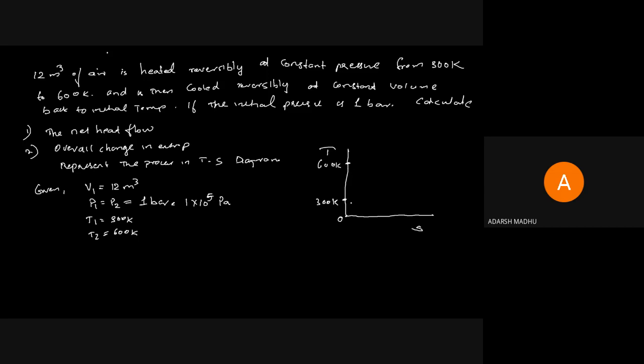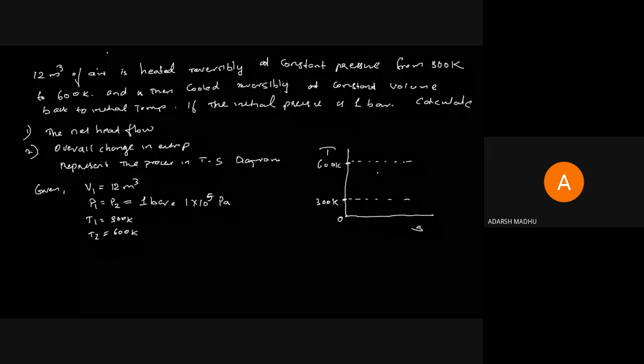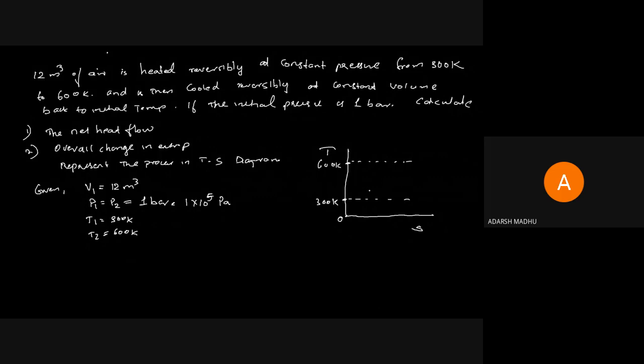Temperature from 300 Kelvin to 600 Kelvin is given, and there is a process happening here. So mark a line at 300 Kelvin and 600 Kelvin. The 12 meter cube of air is heated reversibly at a constant pressure. The heating process happening here is 1 to 2.